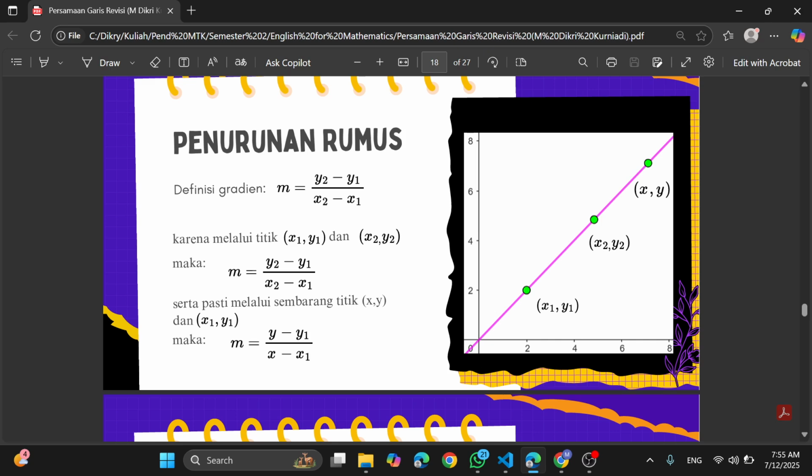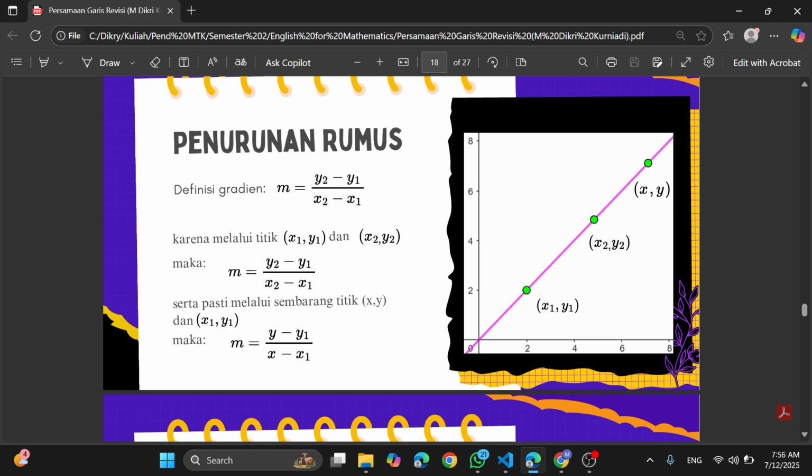Derivation of the formula: you can see the same definition as a gradient. Since the line passes through x1, y1 and x2, y2, then the gradient equal y2 minus y1 over x2 minus x1.